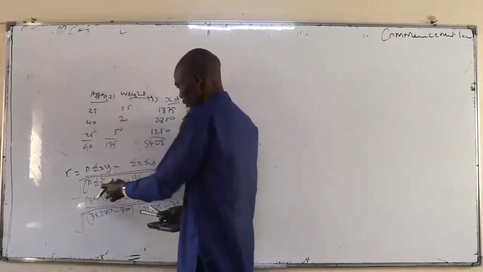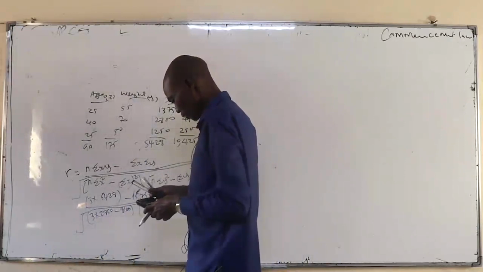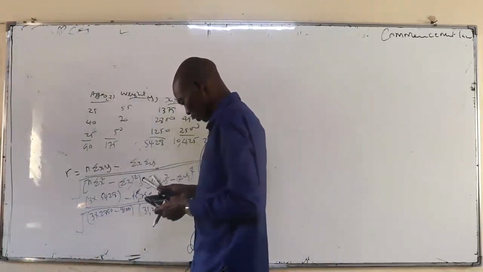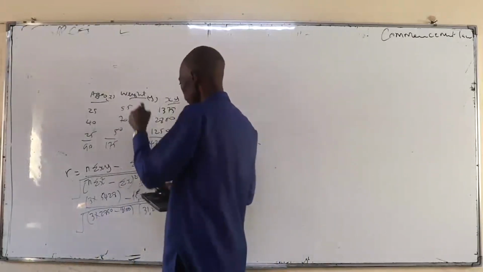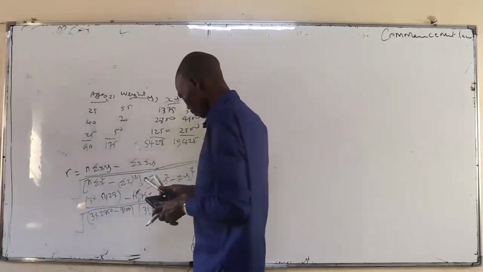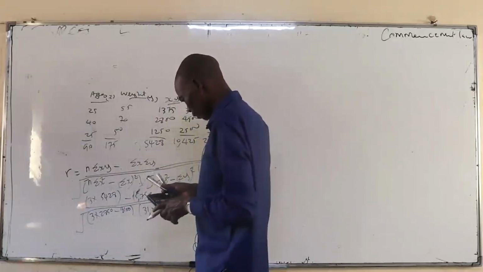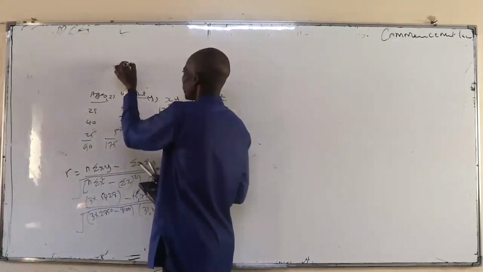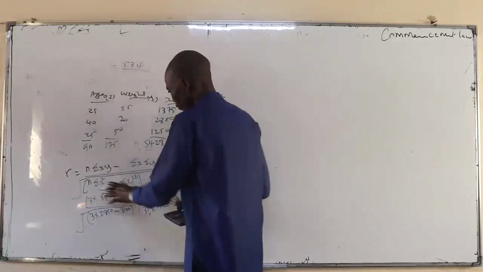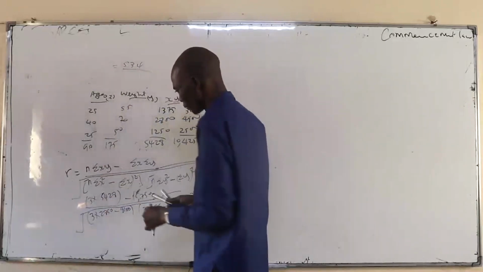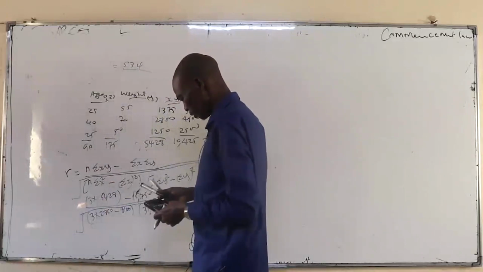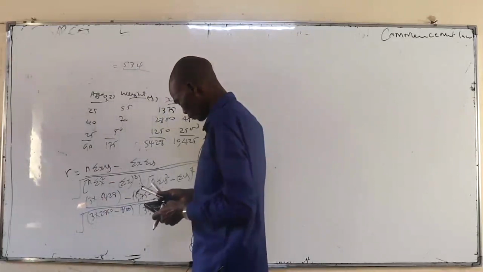You can say this is 3 times 5428. That gives us 16,284 minus 15,750, that is 534, over the product of those brackets. Then down there we have 3 times 2850, that gives you 8550, minus 8100.